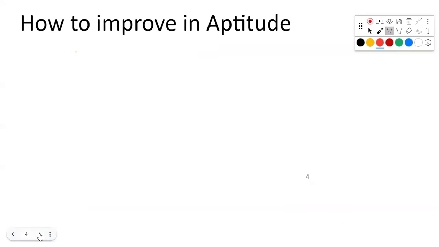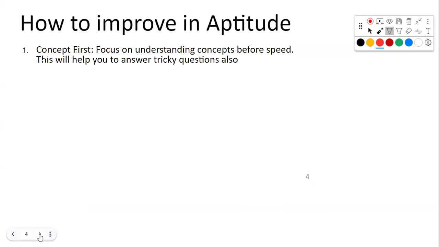Okay. So, how to improve in aptitude? Concept first. Focus on understanding concepts before speed. This will help you to answer tricky questions also.